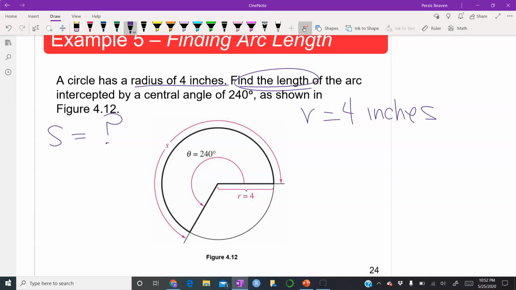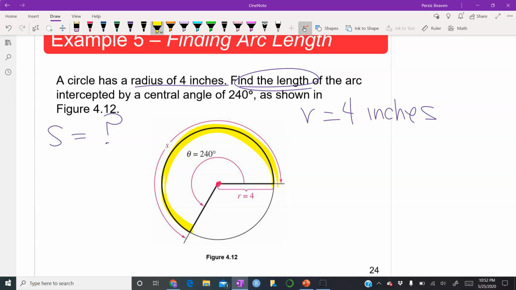Remember, central angle is the angle whose vertex is at the center of the circle. And the central angle intercepts the arc. So this is the arc. So the arc length means, if you were to straighten that sector of the circumference, that's what we're looking for.